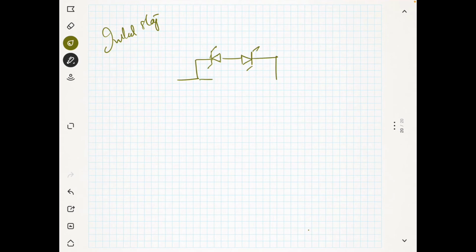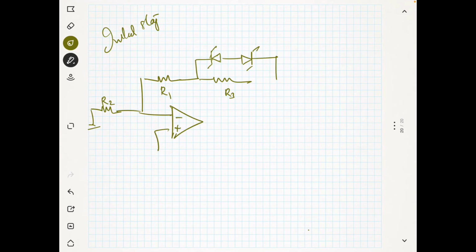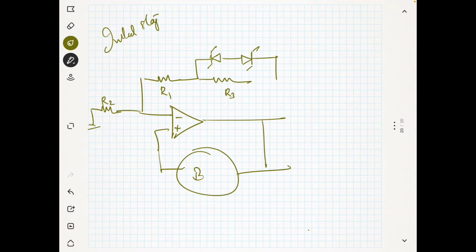This is R3, and this is R1, and this is your R2, and this is your feedback network, which is our RC network, and I am not going to draw all these things. This is the RC network and this is your Vout.